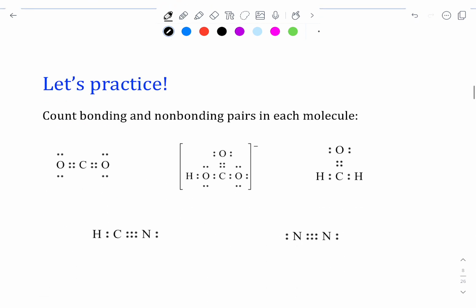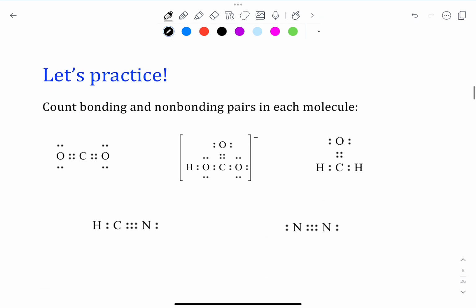So let's practice this. You'll see similar problems like this on your ALEKS homework. And what we want to do is, using these Lewis structures where we show our bonds as dashes, as well as our lone pairs as dots, we want to count our bonding and our non-bonding pairs.